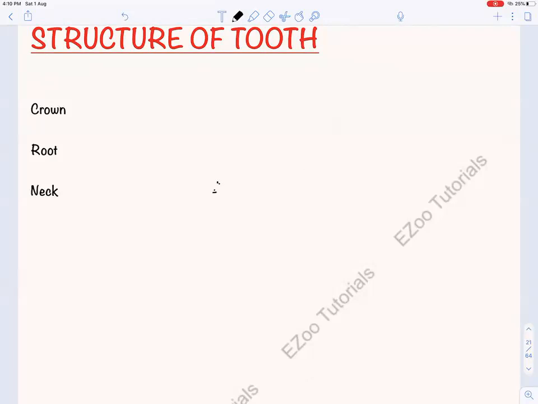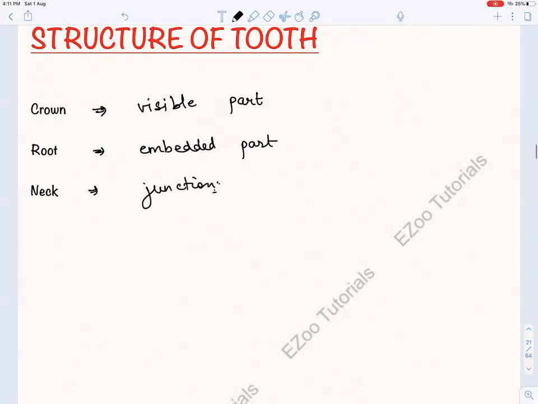Crown is the visible part, and the root is the embedded part, and the neck is the junction where the crown and root are meeting. Very easy. We have already done these things in our very small classes, right?